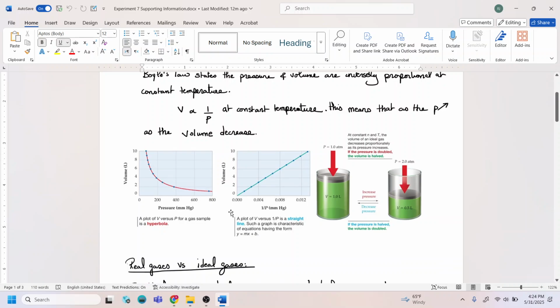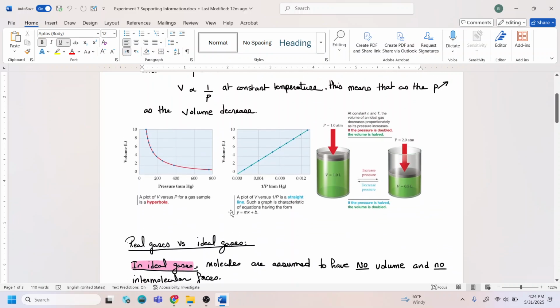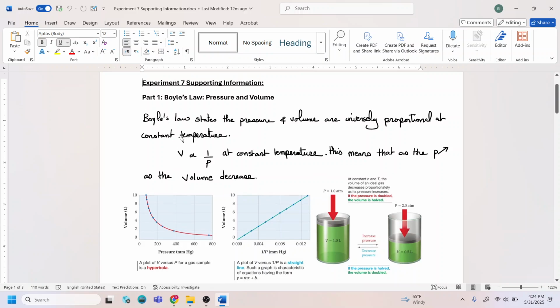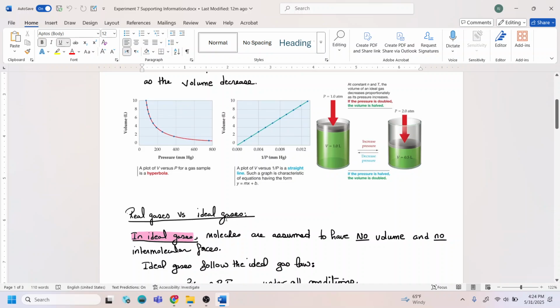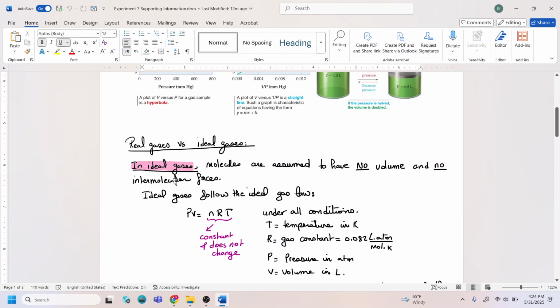We're going to study the difference of Boyle's law for real gases versus ideal gases. To start, ideal gas molecules are assumed to have no volume and no intermolecular forces. And they follow this formula: PV equals nRT. n is the number of moles, R is the gas constant, and T is the temperature.